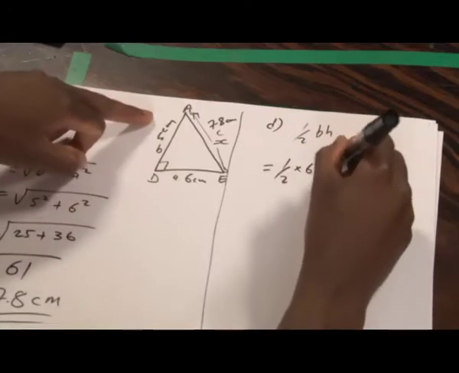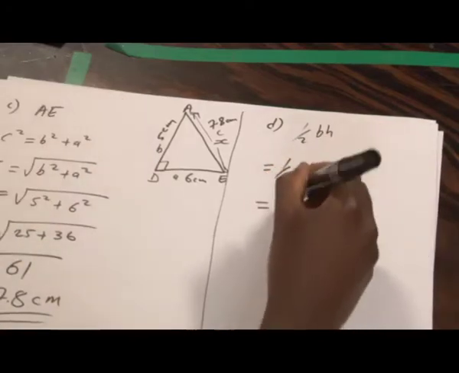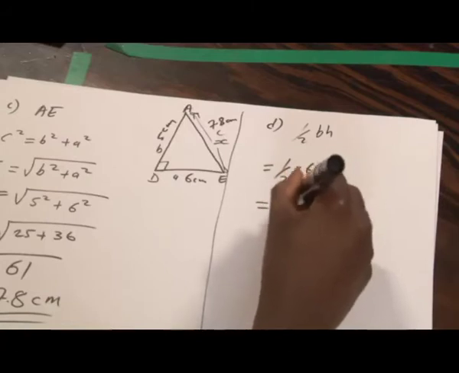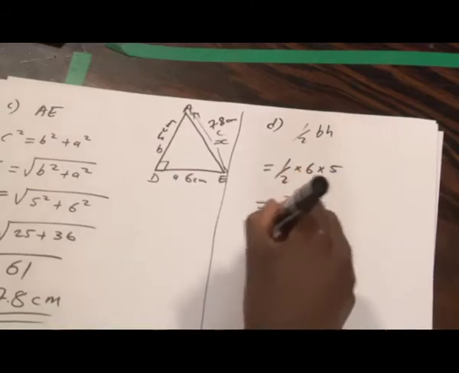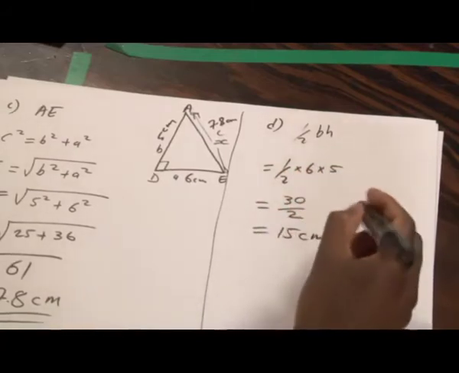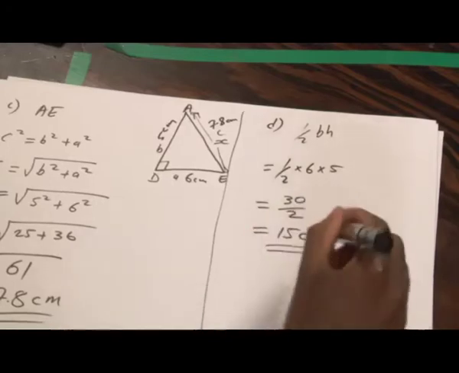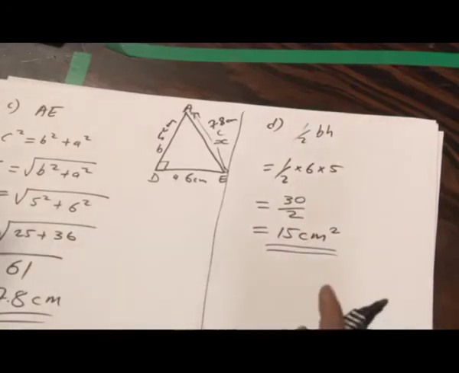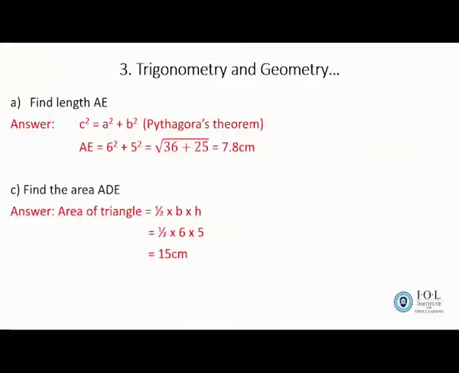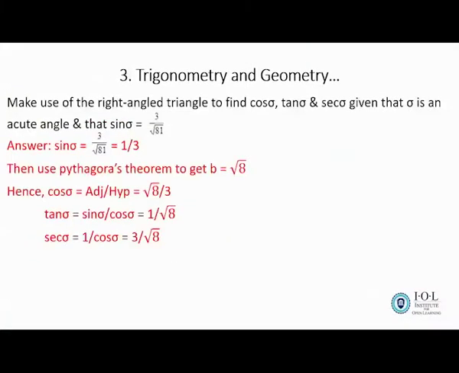It is 5. 6 times 5 is 30, divided by 2, then gives us 15. Remember it's area, so it's squared. 15 square centimeters. Though on the screen there we forgot the squared, but that is how we got the 15 centimeters. We come to trigonometry and geometry.